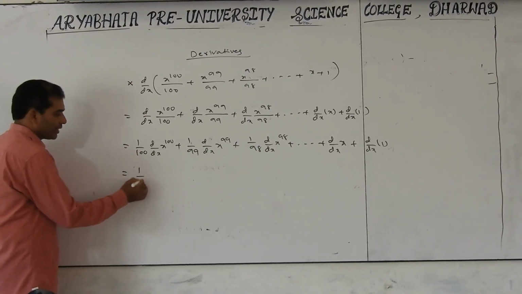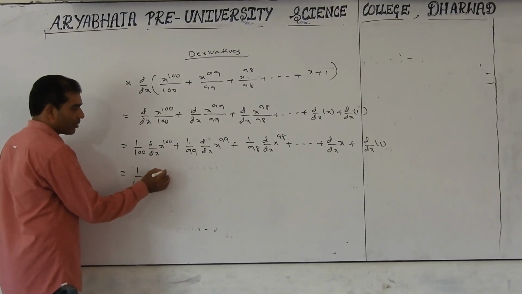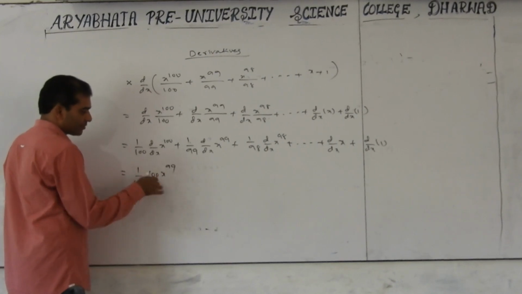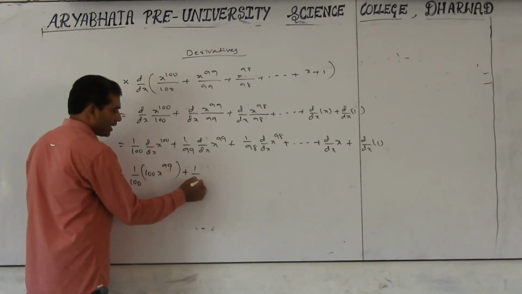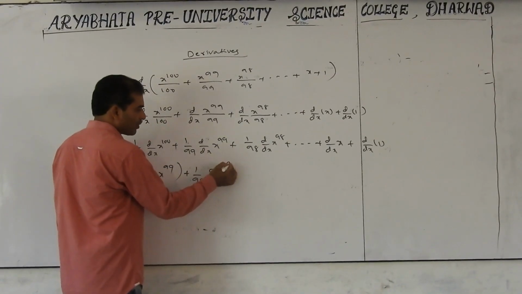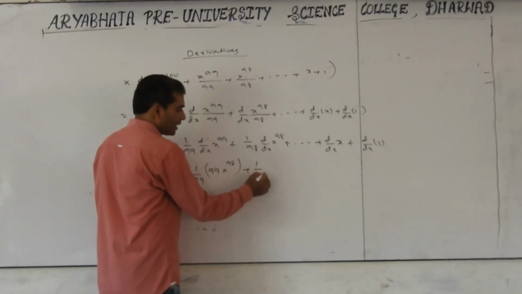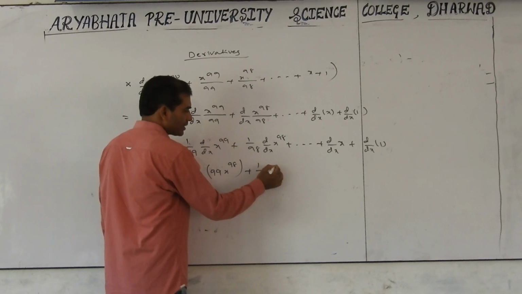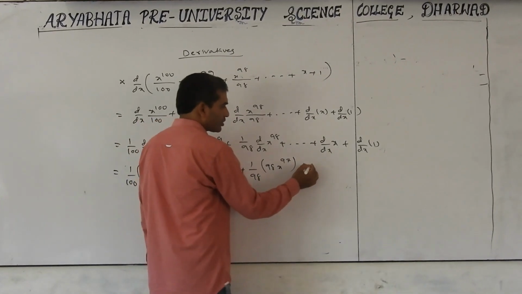1 by 100 into the derivative of x power 100, which is 100 into x power 99, plus 1 by 99 into the derivative of x power 99, which is 99 x power 98, plus 1 by 98 into the derivative of x power 98, which is 98 x power 97, plus so on.